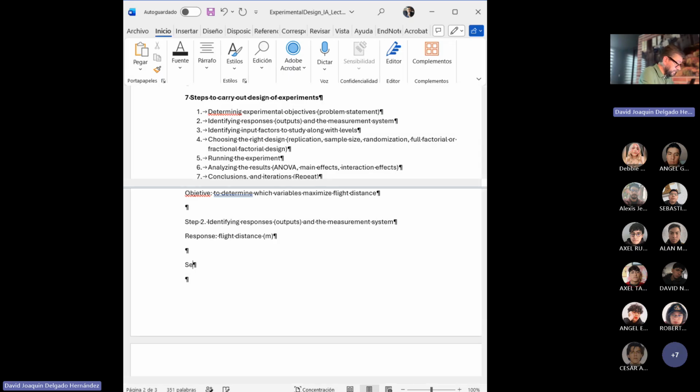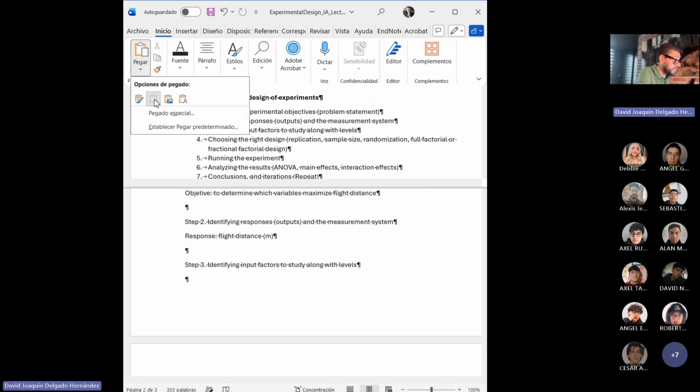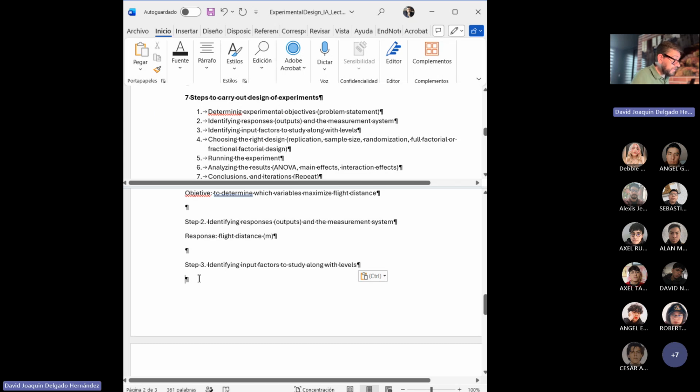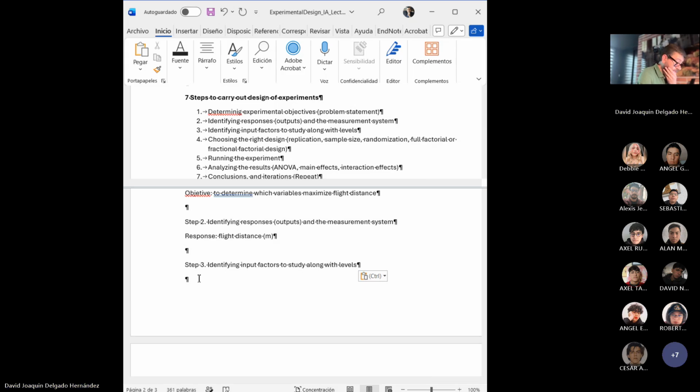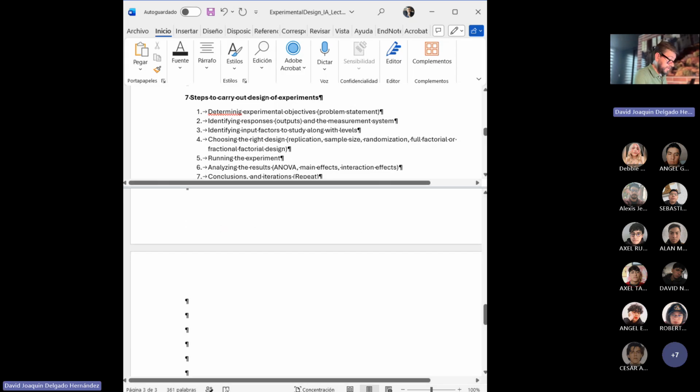Okay, step number 3. Here I'm going to copy, and I am going to paste. Identify input factors to study along with levels. Okay, so let me include here a table with the factors.